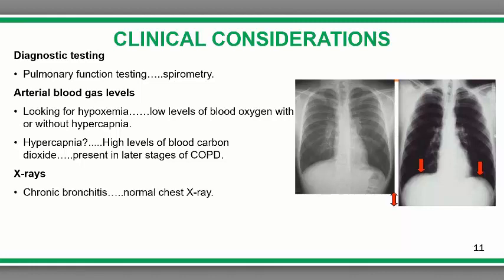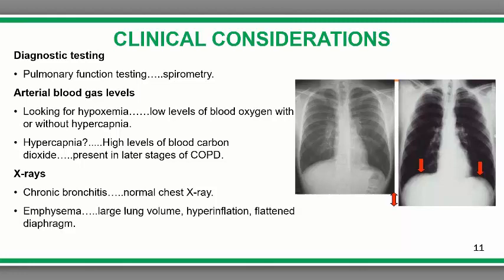In terms of x-rays, a person afflicted with chronic bronchitis should demonstrate a normal chest x-ray. So nothing notable in a person that is experiencing only chronic bronchitis. However, a person afflicted with emphysema will show some very clear signs on an x-ray. And those signs are larger than normal lung volume, which is a reflection of hyperinflation.